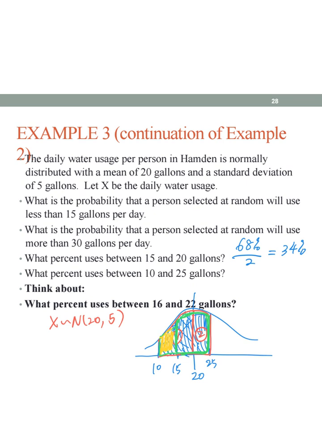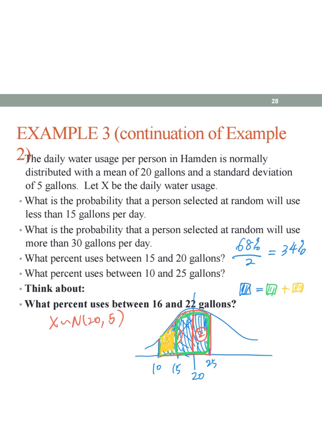So the blue color is equal to the green color plus the yellow color. Right? So the blue, that is something we are looking for, is equal to the green color part plus the yellow color part.